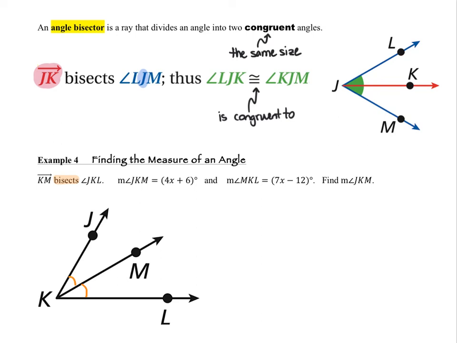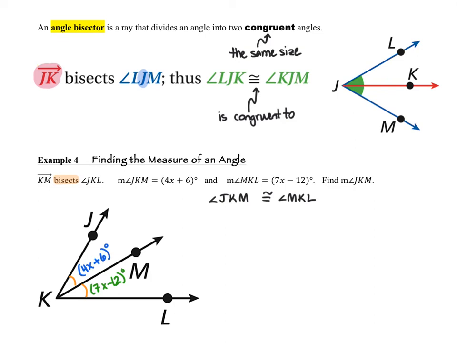Let's start, however, by just labeling what we've got here. We have 4x plus 6, the measure of angle JKM, and the measure of angle MKL is 7x minus 12. Now, we're going to start with geometry notation. Angle JKM is congruent to angle MKL.